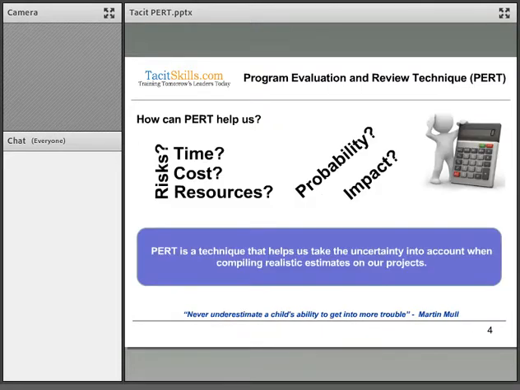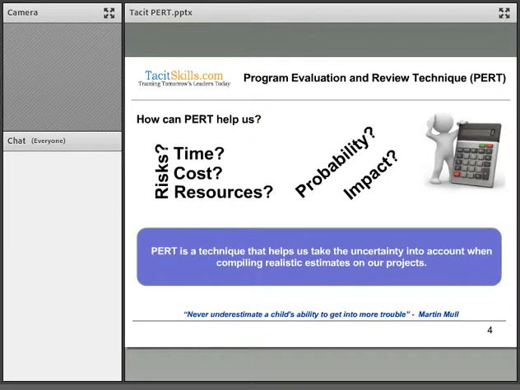If we look at what PERT actually is, it's a technique that helps us to take the uncertainty that we just talked about into account when we are compiling these estimates, hopefully realistic estimates, on a project. So as far as risks are concerned, when we are identifying and estimating risks, is there uncertainty? Sure, there is.